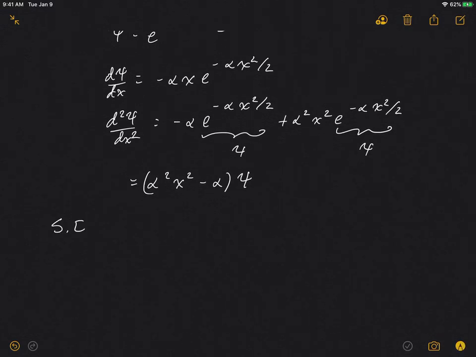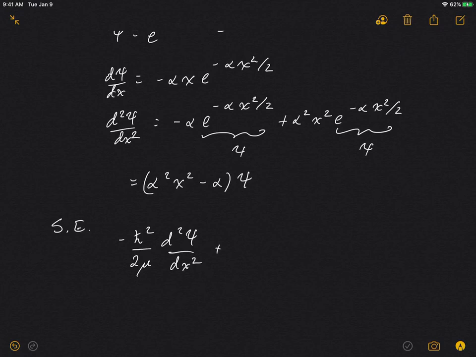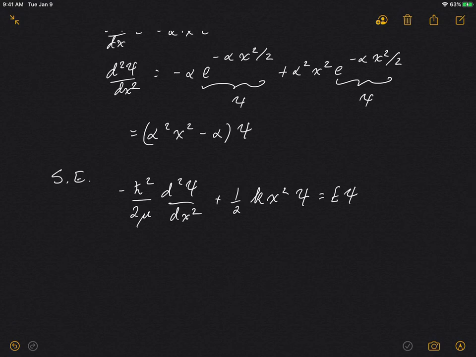Again, the Schrodinger equation is minus h bar squared over 2 mu d squared psi dx squared plus 1/2 kx squared psi equals E psi. Okay, that's the Schrodinger equation. Then we're going to see if this psi that we've come up with is actually a solution.